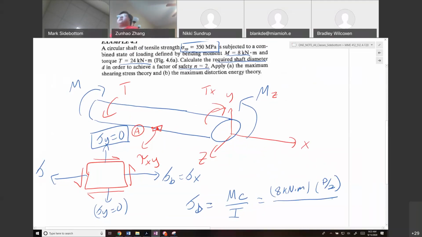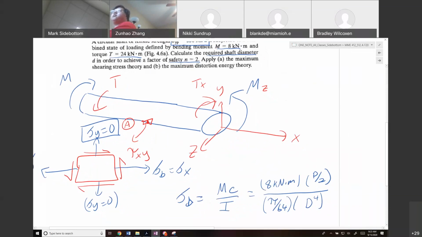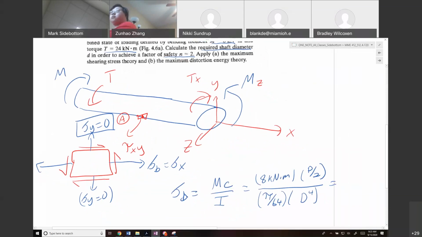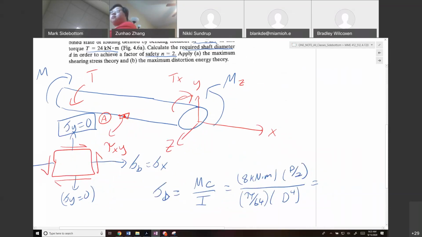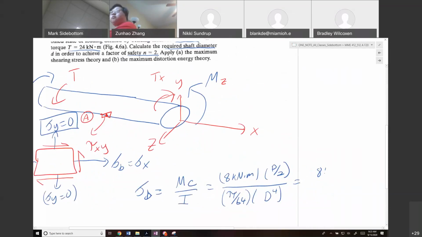The moment of inertia for a circular shaft is pi over 64 times the diameter to the 4th. If we simplify this down, we get sigma B equal to 8 kilonewton meters times 32, divided by pi times the diameter cubed. I forgot the 32 on the top.